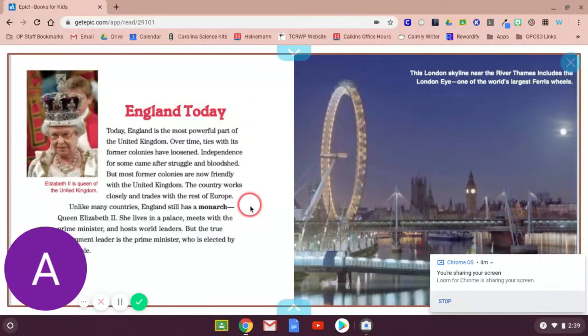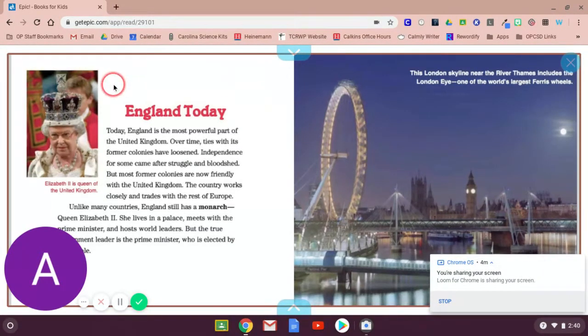So I read my text. Now I'm going to look at my picture. It looks like somebody wearing a crown. I'm going to assume it's the Queen, and I'm going to read that label, in this case, this caption. Elizabeth II is Queen of the United Kingdom. So this whole section was all about the government in England.